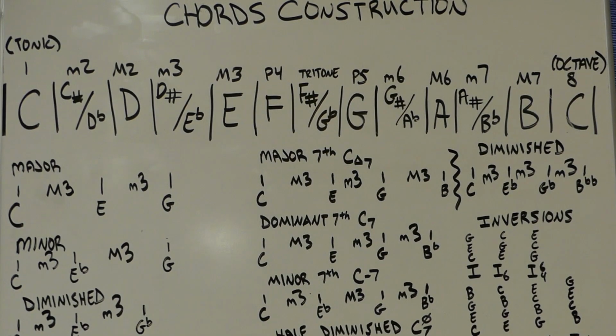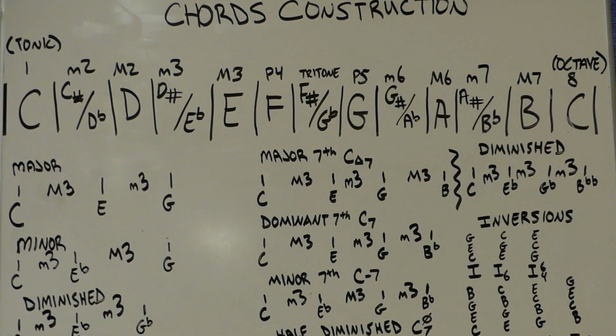A major seventh sounds like this. A dominant seven, we're just taking this note and lowering it a half step, so that'll sound like this. A minor seventh, we're taking our dominant chord and we're lowering the E to an E flat. So this E to an E flat.